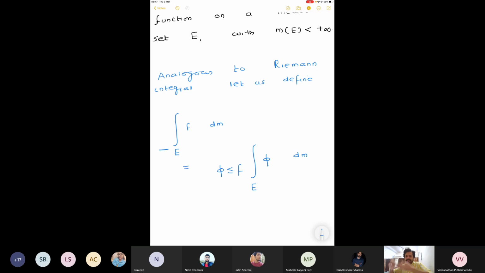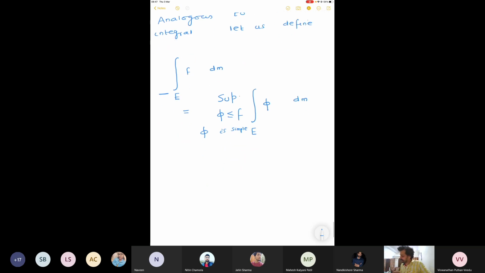I am estimating from below, and you have to make this estimate better and better. So take the supremum, where phi is simple. So the lower Lebesgue integral is defined as: instead of integrating f, you integrate simple functions which are less than f. That you know how to integrate. I will come to that later. And then you take the supremum.